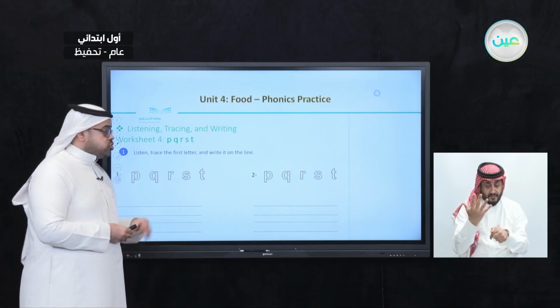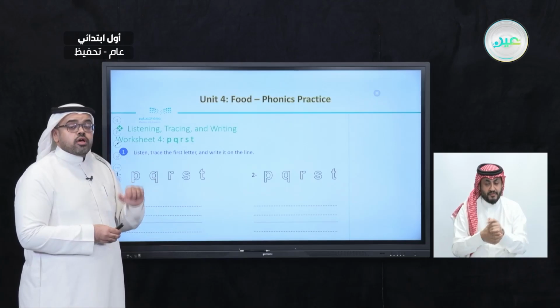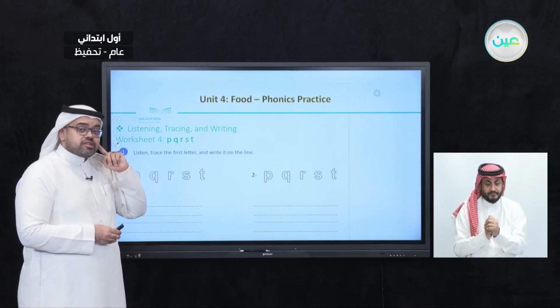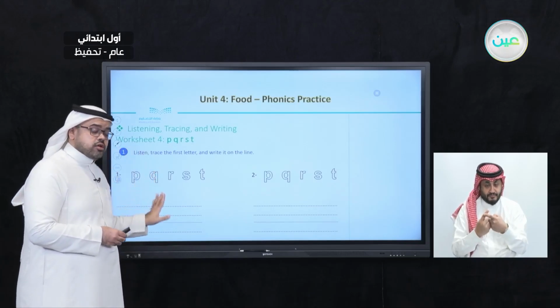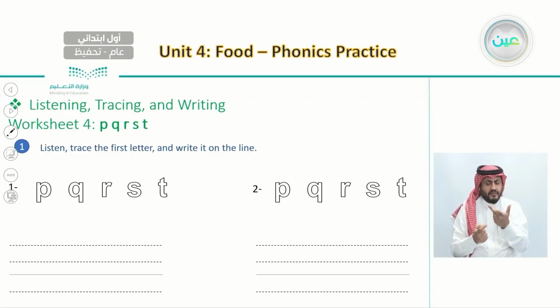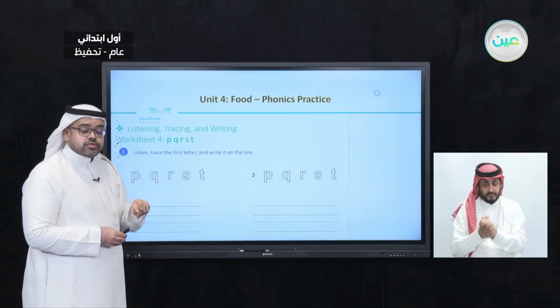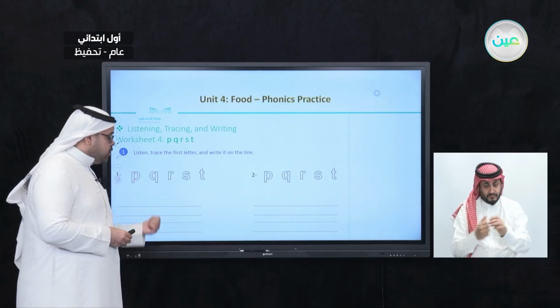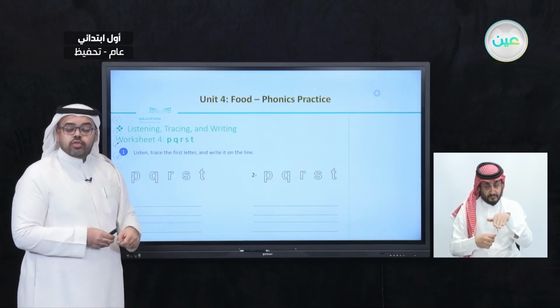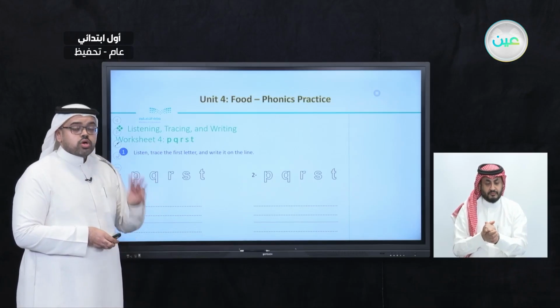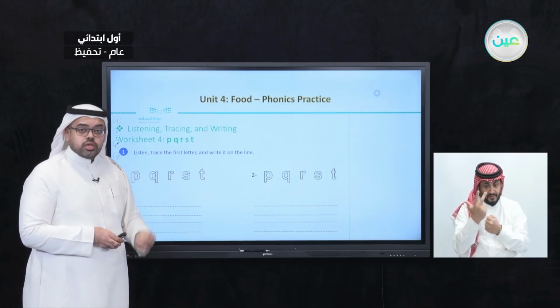What we need to do with the exercise is that first we're going to listen to how to say the letter, and after this we're going to trace the letter we heard, and after this we're going to go here on the line and write down the letter. So we're going to do 3 things with each letter.